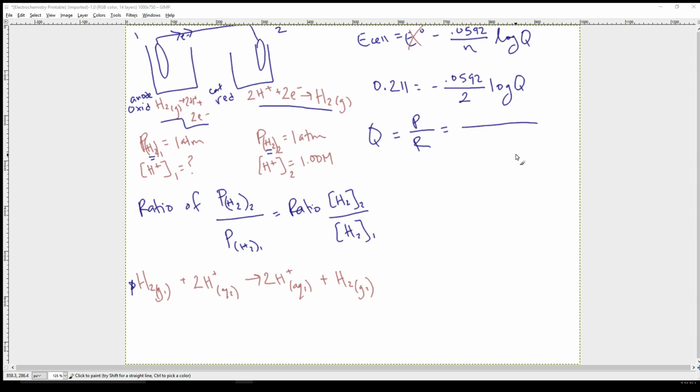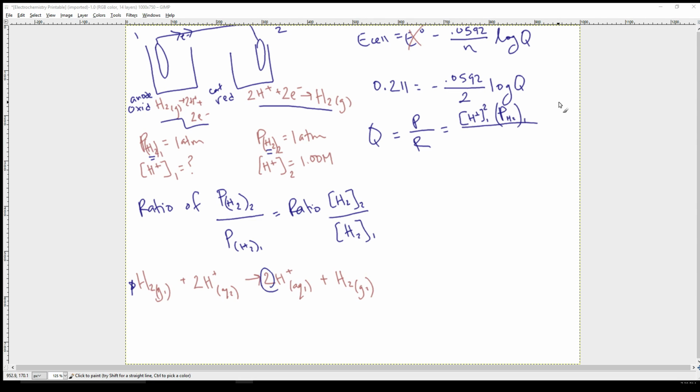So I'm going to use the concentration of my hydrogen ions from cell number 1. It has a coefficient. That's right. And then the pressure of my hydrogen gas, which is in cell 1.